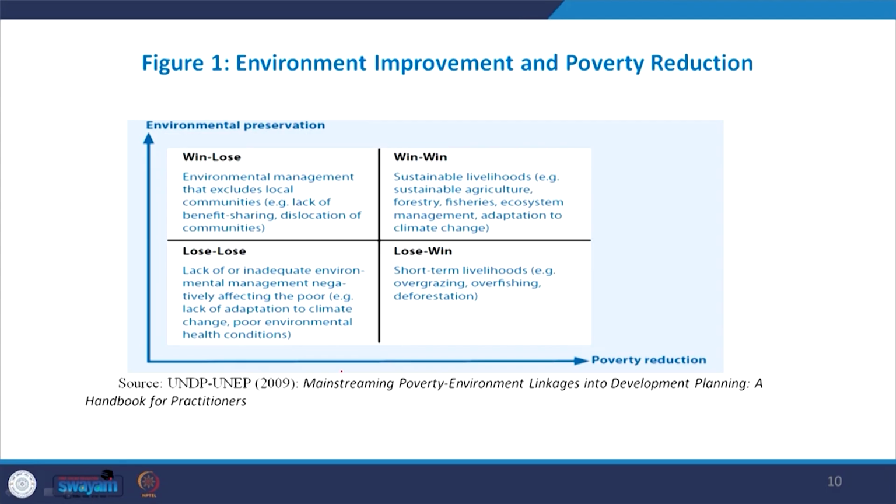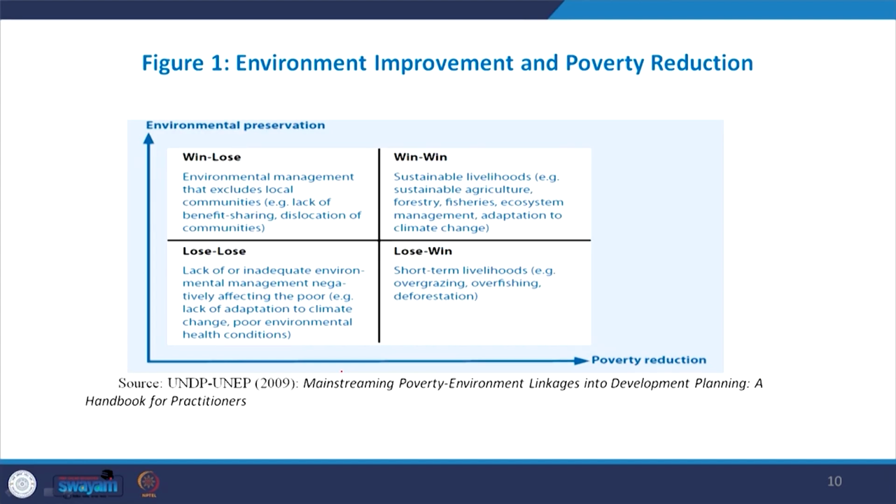Then in second box there is a win-win situation, means you can reduce the poverty and also improve the environmental condition, and here sustainable livelihood initiatives may be made like sustainable agriculture, forestry, fishery, ecosystem management, adaptation of climate change. So, if all these measures are made, not only the environmental condition will improve, but also poverty decline.